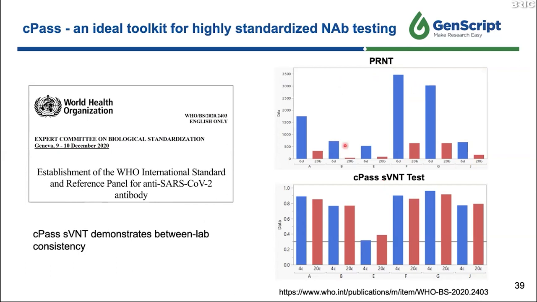As we can see here, for the PRNT, we observe very different results across different labs. The blue and red indicate the result of the same sample obtained from two different labs. So for the PRNT, we really see a huge difference for the same sample when the assay is performed in a different lab.